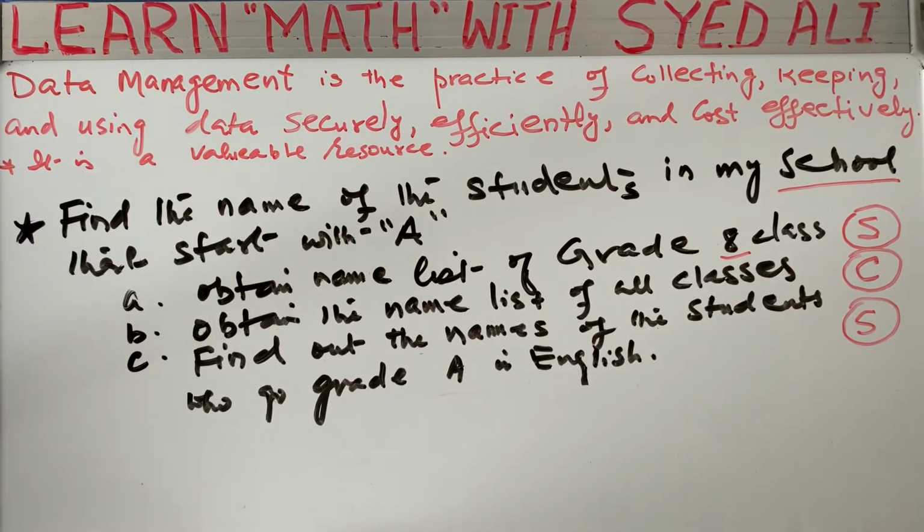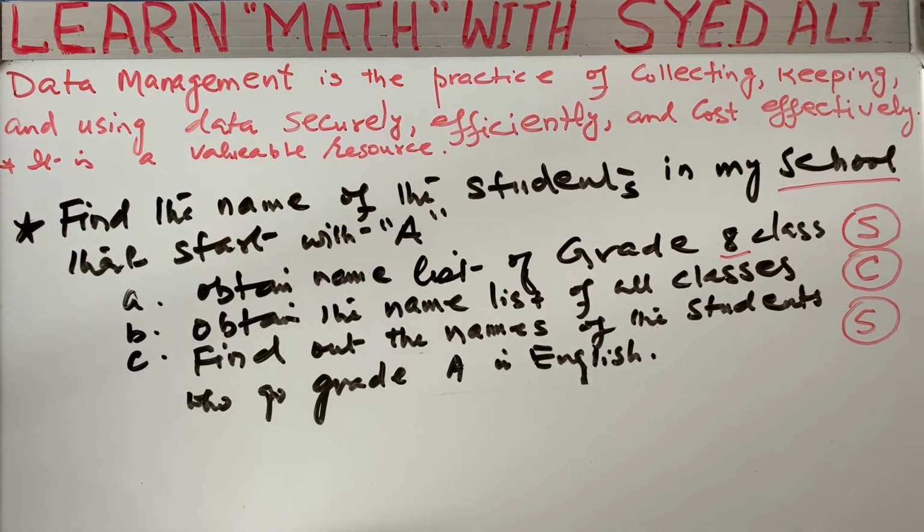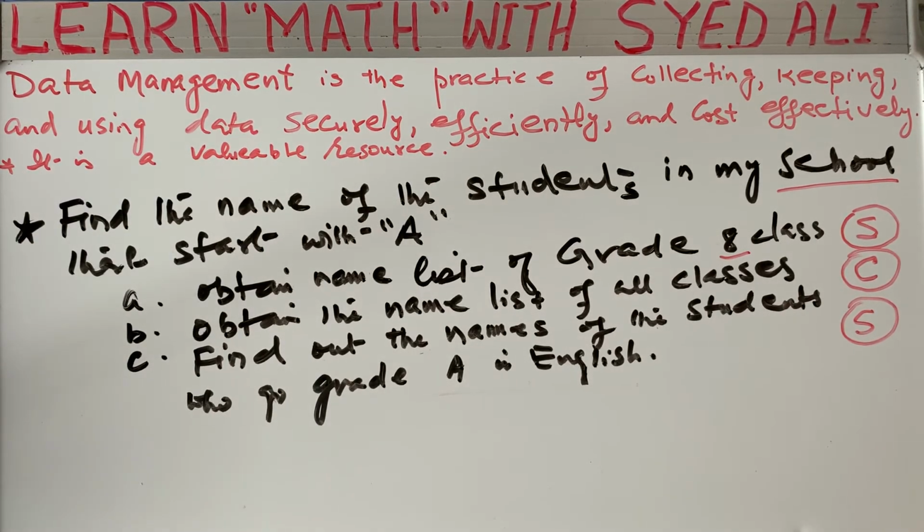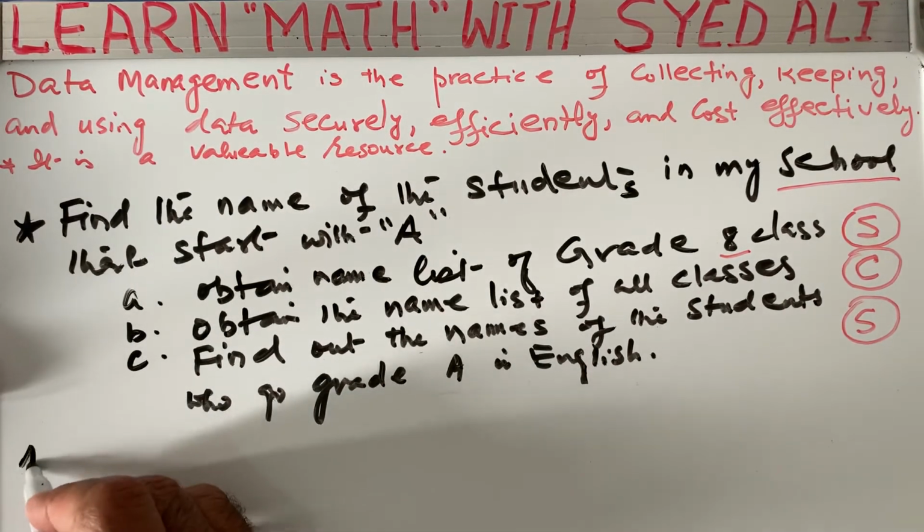We have to say the names of the students that start with A. So that is an example that when we gather some data, we have to see whether it is a sampling or a census. For example, if another situation comes in and says, find the highest temperature recorded this year.